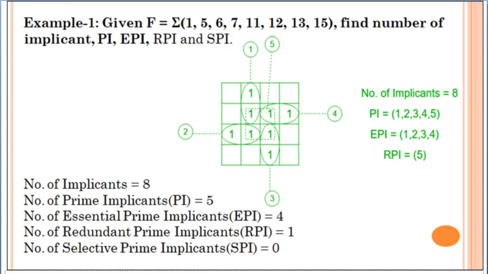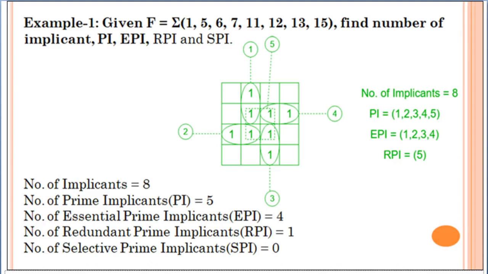So we have a total of 5 prime implicants and one redundant prime implicant. That means the rest are our essential prime implicants: 1, 2, 3, and 4.